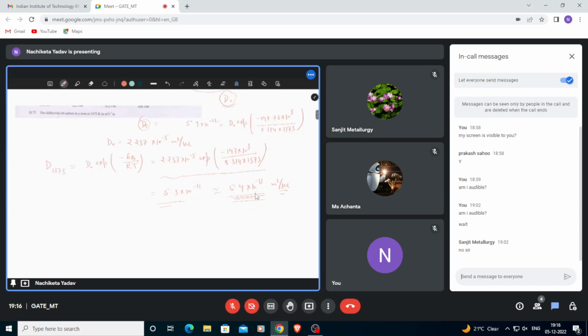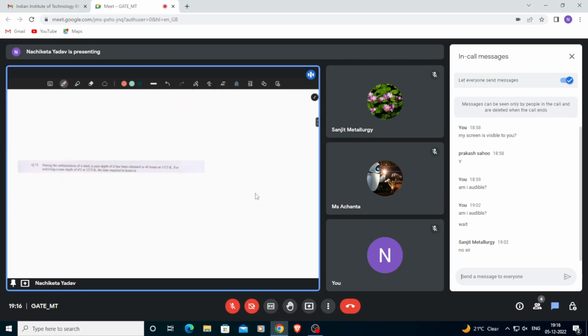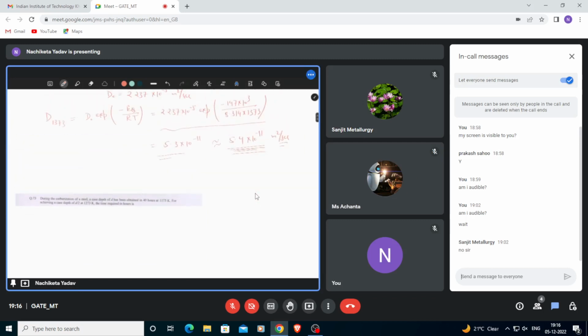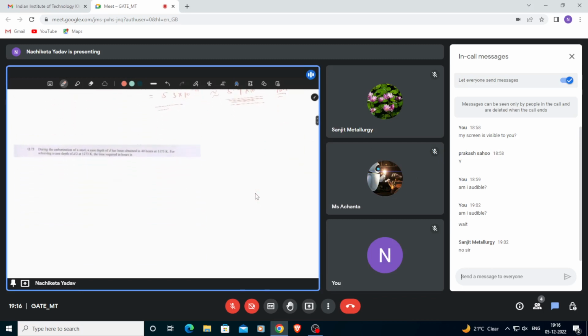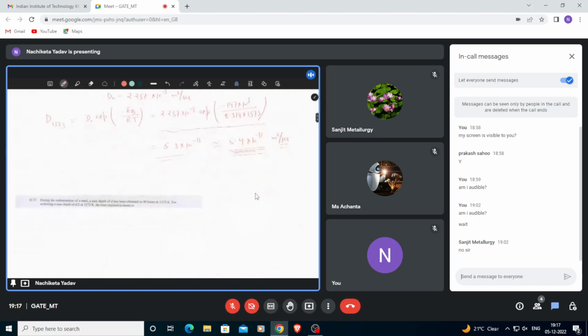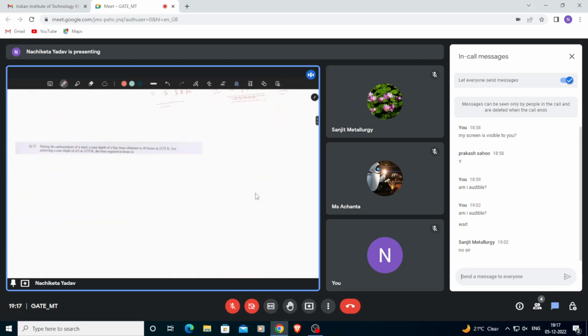Okay. So do you know what is this carburization depth? Can you tell me for the same data? Can you solve question number 73? Here we have to find the carburization case depth of D. During the carburization of a steel, a case depth of D has been obtained in 40 hours at 1173 Kelvin.